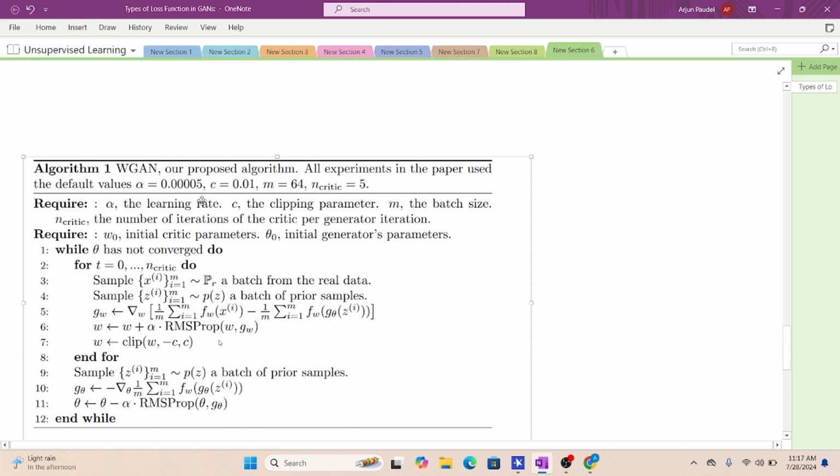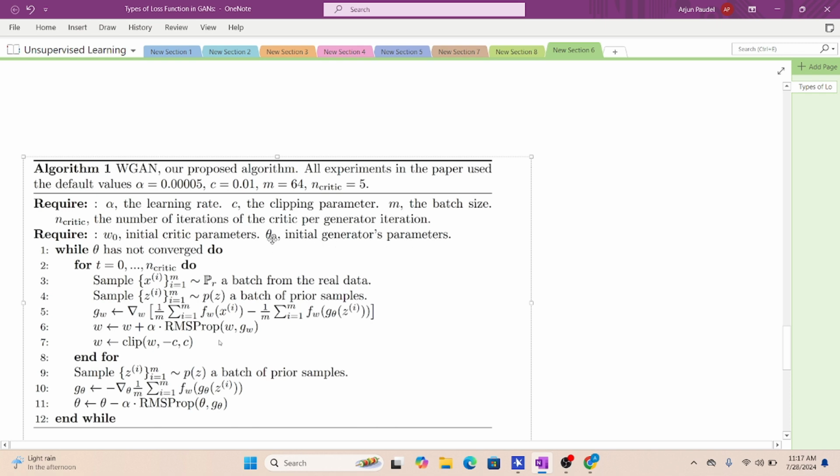As I have told, alpha is the learning rate, c the clipping parameter, m the batch size, and n_critic the number of critic iterations per generator iteration, which means we have that number of iterations for the critic per one generator iteration. And w0 is the initial critic parameters and theta0 is the initial generator parameters.